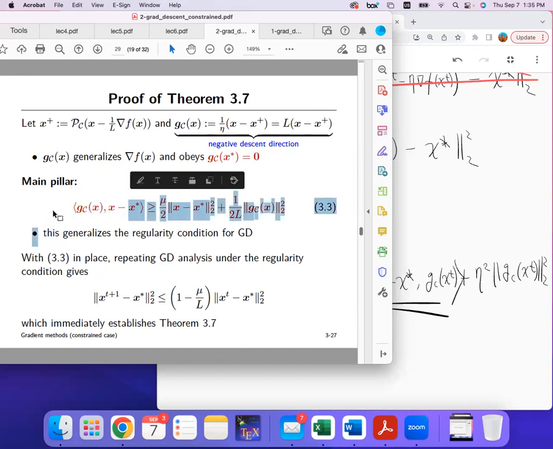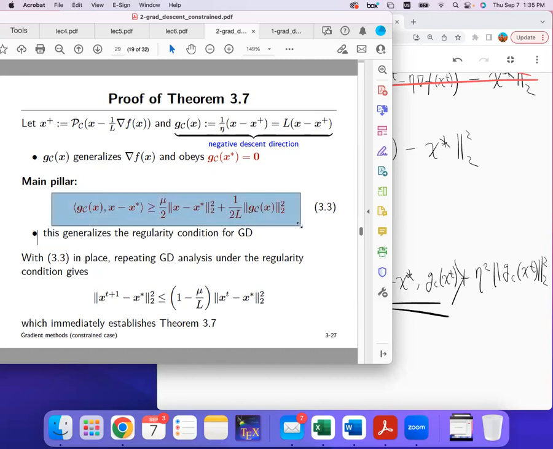This type of inequality we will see very frequently in many analyses. It basically characterizes the correlation, or the dot product, between your update direction and x minus x star. This is your update direction, and this is x minus x star.